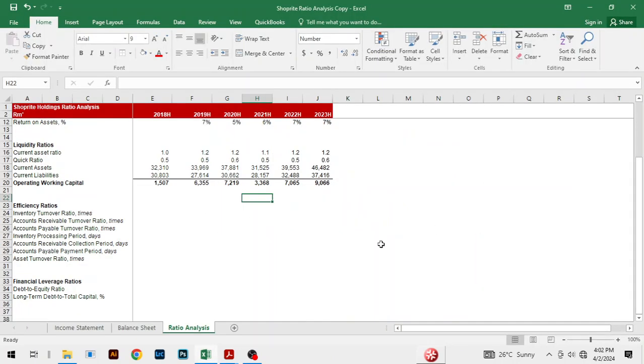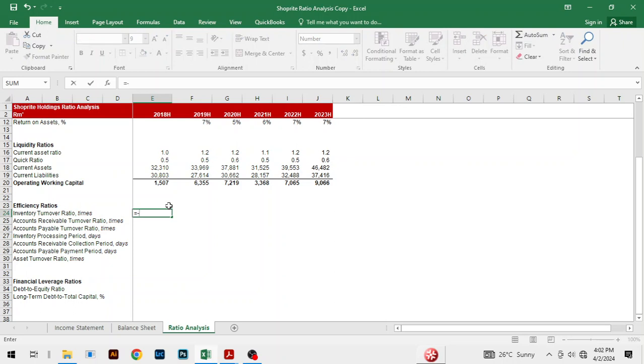Okay, so let's go back here. So we want to compute the inventory turnover ratio. We're just trying to see how many times Shoprite Holdings is turning its inventory or replenishing its inventory. So to do that, we say cost of sales divided by average inventory. Okay, so let's just do that.